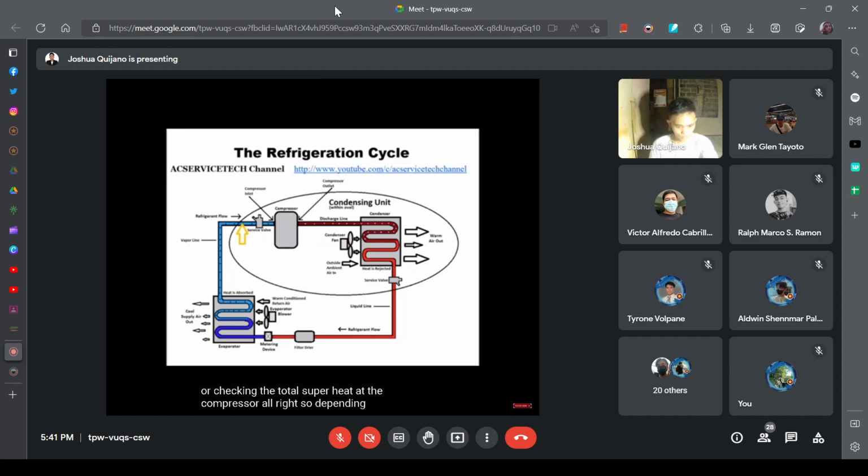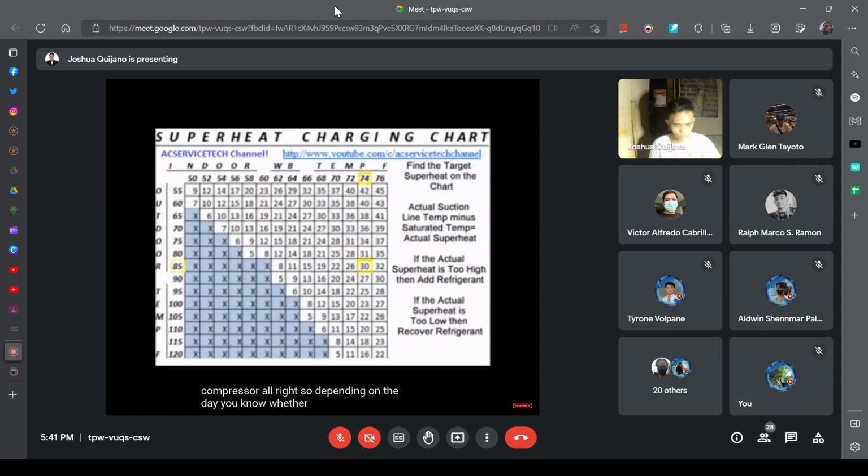Depending on the day, with the temperature outside and the wet bulb temperature inside, one day it could be a very high target superheat that we have to set the refrigerant charge to. On another day that's cooler outside and cooler inside, with less humidity in the building, the target superheat would end up being lower.